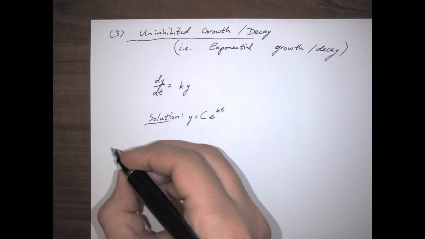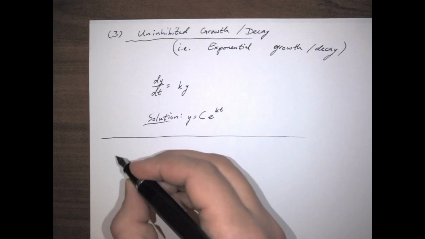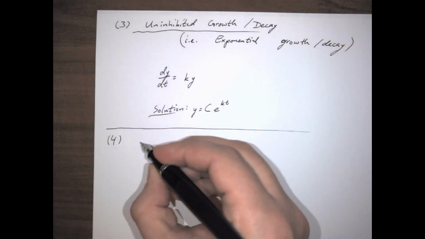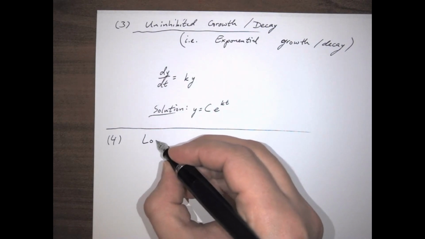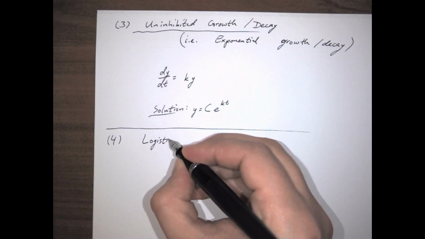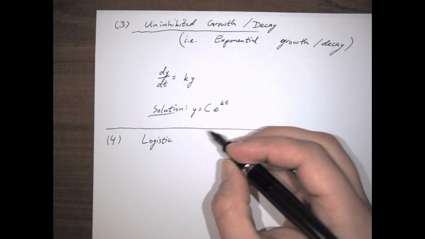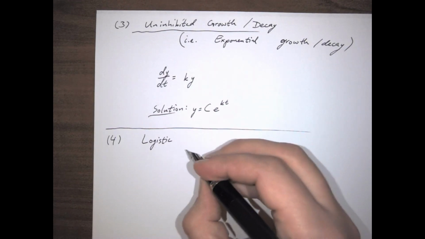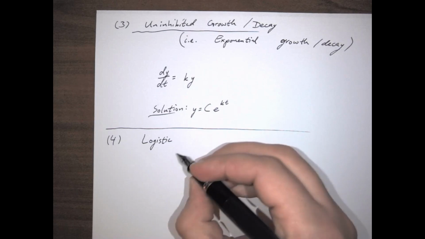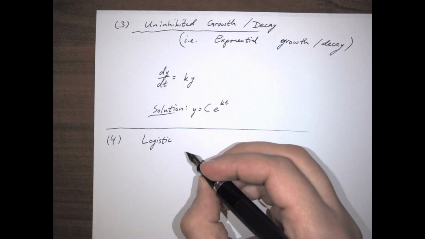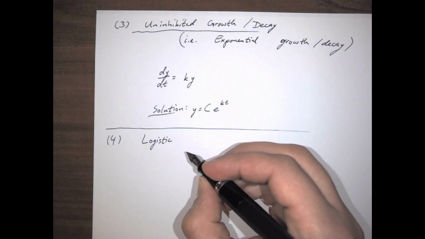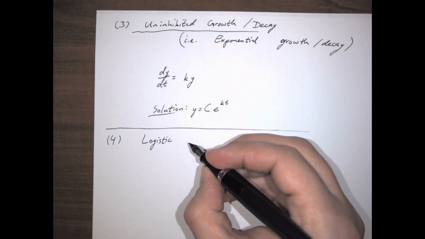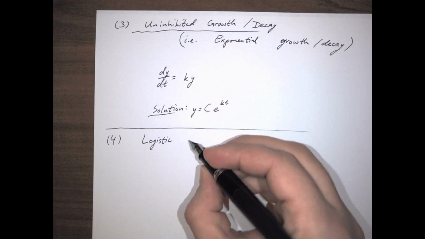And then we can modify this slightly to make logistic population growth. It's not very realistic to expect a population, say, of bacteria or rabbits, to maintain exponential growth for very long, because exponential growth, as the name suggests, is very rapid growth and it will quickly overwhelm whatever the environment is.